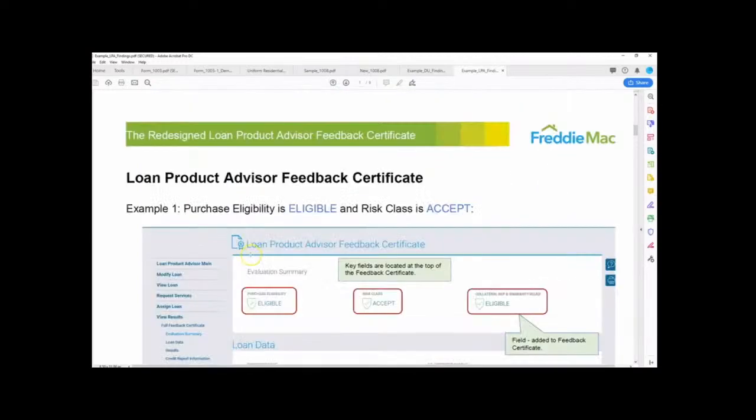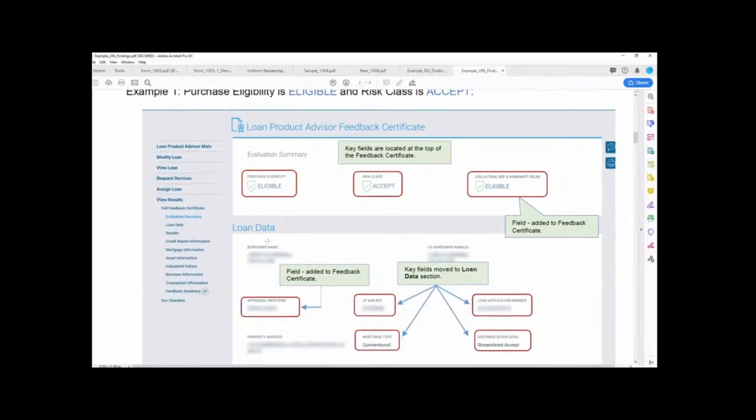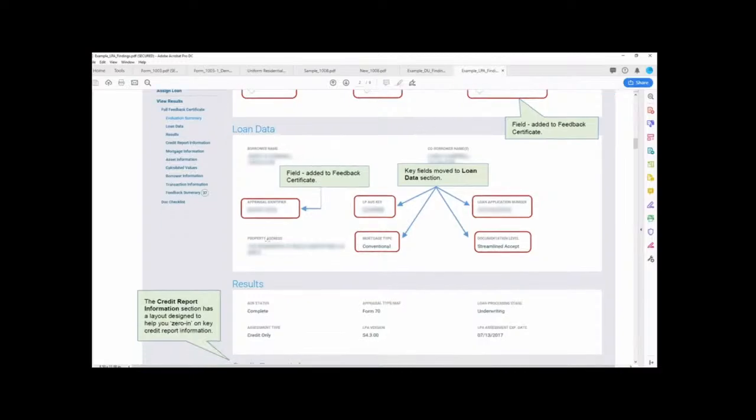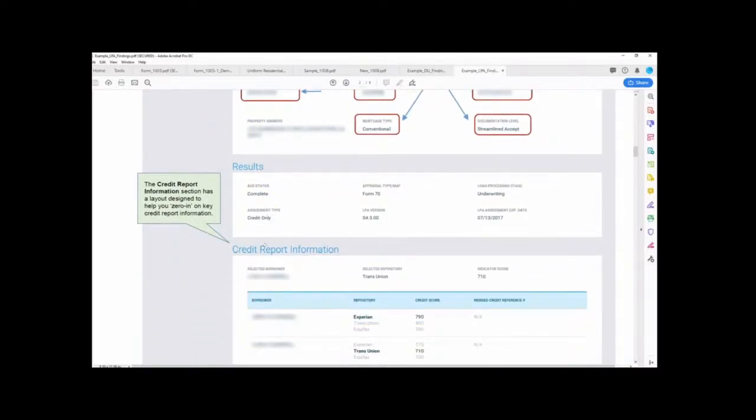And the same thing as the DU findings, it tells you the loan data. It tells you where everything is coming from. It tells you the results. Tells you the credit scores, what score they're using, what middle FICO score they're using out of the 3.